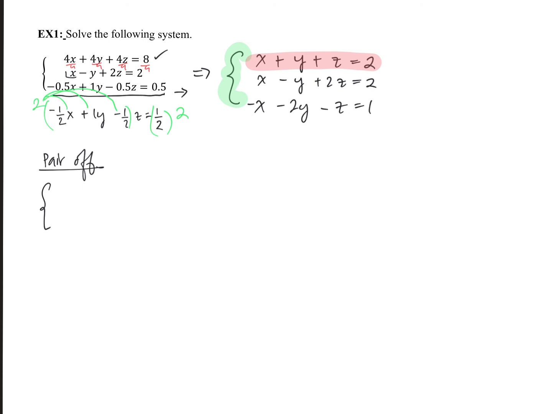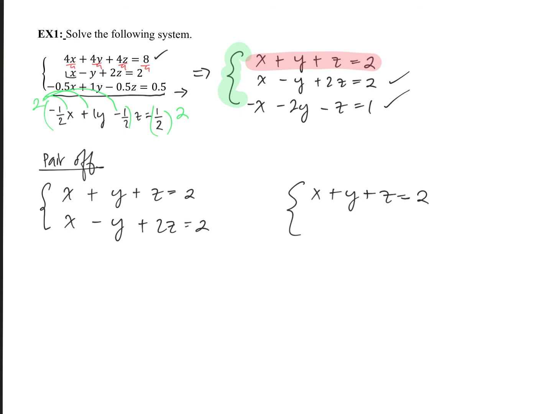So I'll write it down twice. And then I'll rewrite each of the other ones with one of the pairings. So this one I'll put down here, x minus y plus 2z equals 2. And this one I'll put down here, negative x minus 2y minus z equals 1.